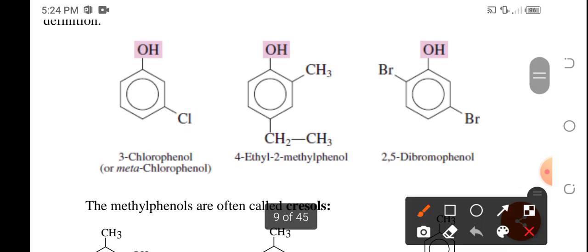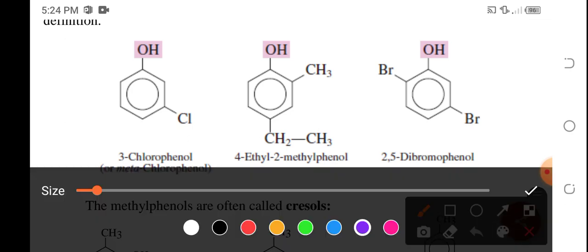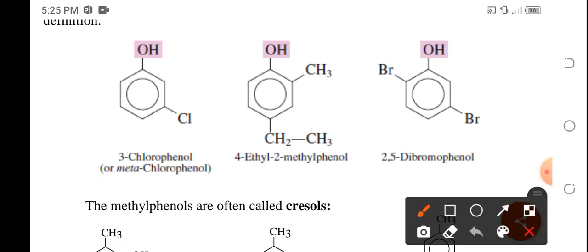Another example. So, we look for the parent chain and among these substituents, the priority is hydroxyl. So, therefore, this would be collectively known as phenol. Numbering it counterclockwise such that this would be carbon number 2 and this would be carbon number 5.